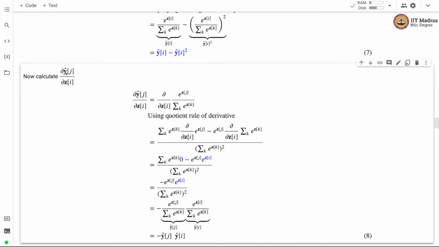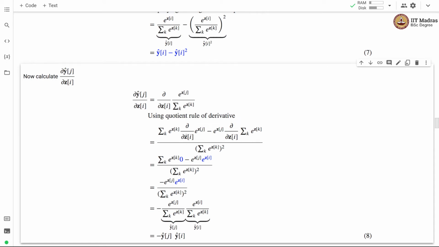Now we will calculate the partial derivative of the prediction for the jth class with respect to zi. So we again substitute the softmax activation for class j and differentiate it with Zi. So again, using the quotient rule of derivative, we have the square of the denominator in the denominator, and then we have the denominator into the partial derivative of the numerator minus the numerator into the partial derivative of the denominator.